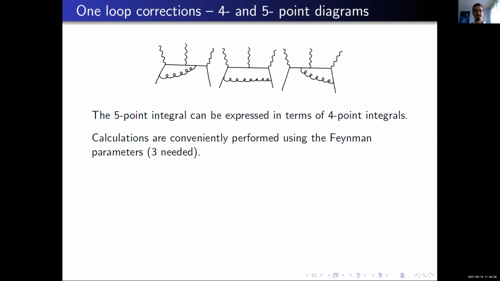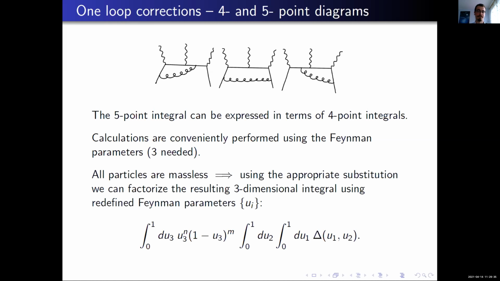And in that case, calculations are conveniently performed using Feynman parameterization. We need 3 parameters. And fortunately, we have, as we can see, 3 particles in such a diagram, massless and on shell.